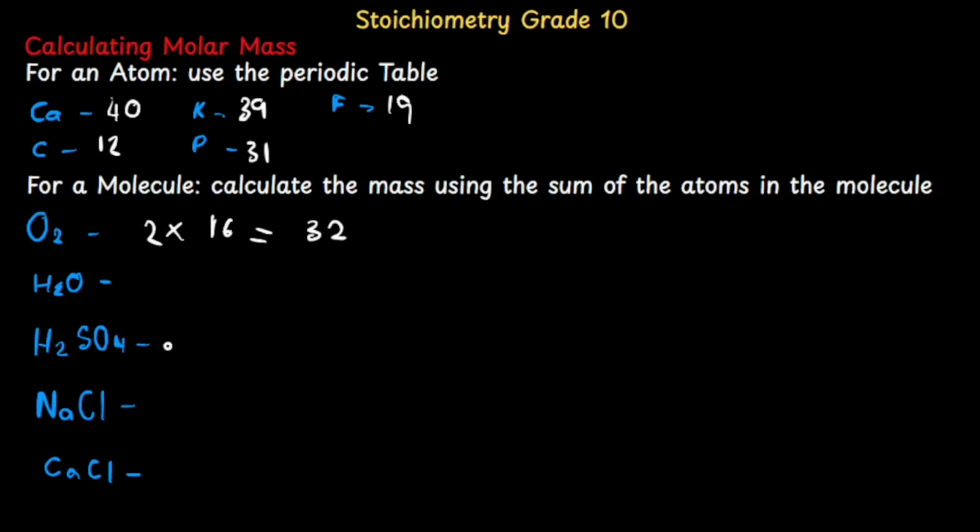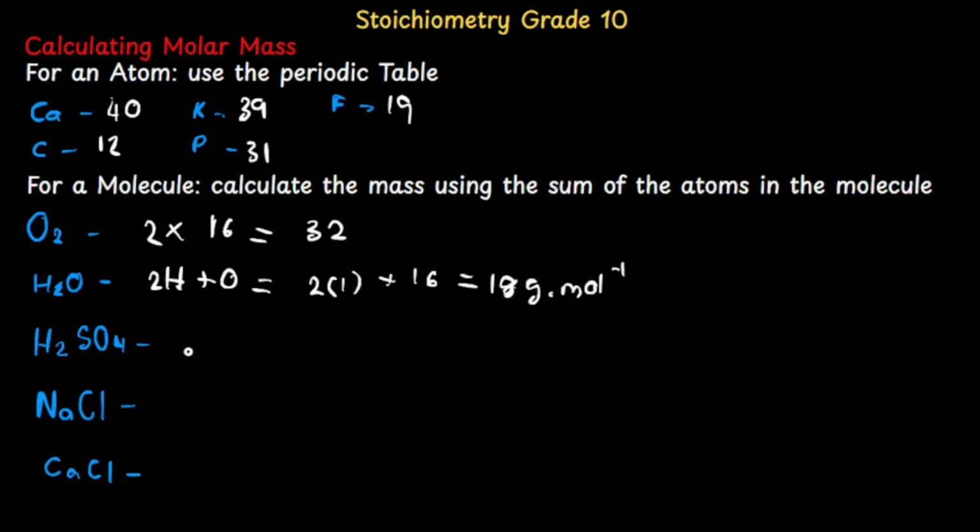If I am looking at the water molecule, which is H2O, we can see that I have 2 hydrogens and I have 1 oxygen. So simply, it would be 2 times the mass of hydrogen, which is 1, plus the mass of oxygen, which is 16, and that would give us 18 grams per mole.